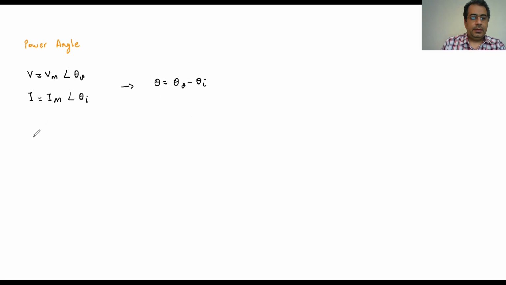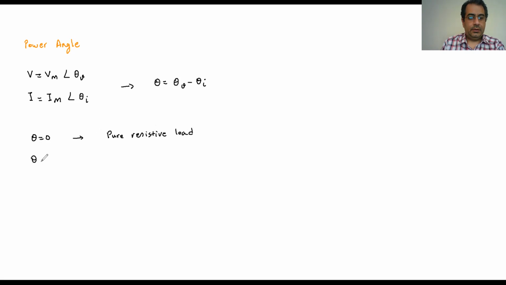If theta is 0, it means we have a pure resistive load, meaning we only have a resistance in the system.